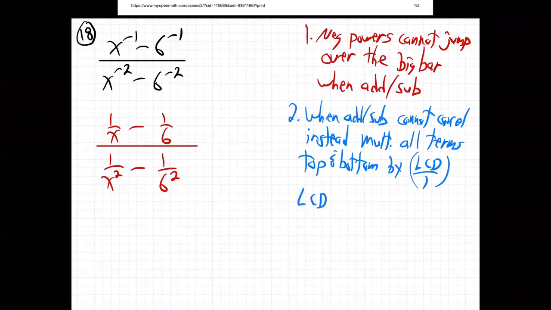over 1. And what's the LCD? It's 1 of each type of term under a small bar.